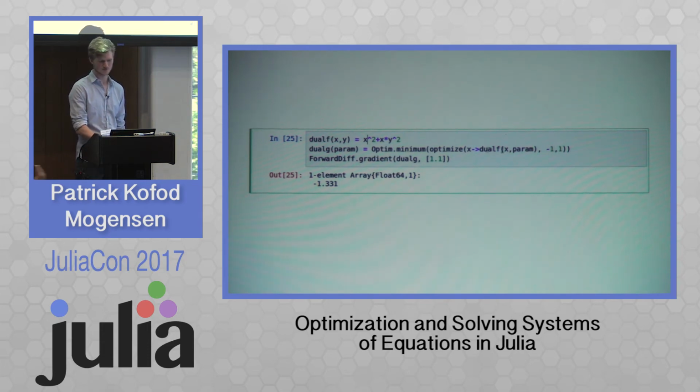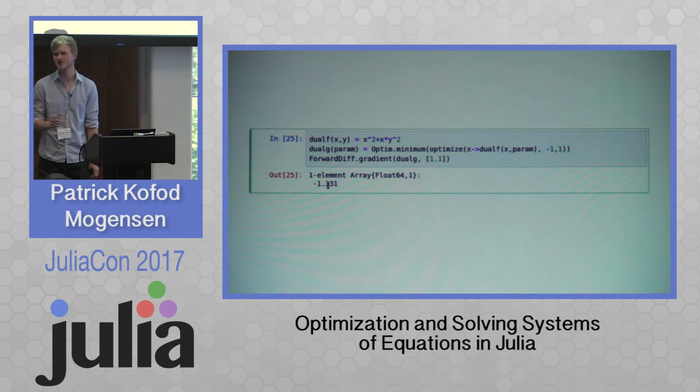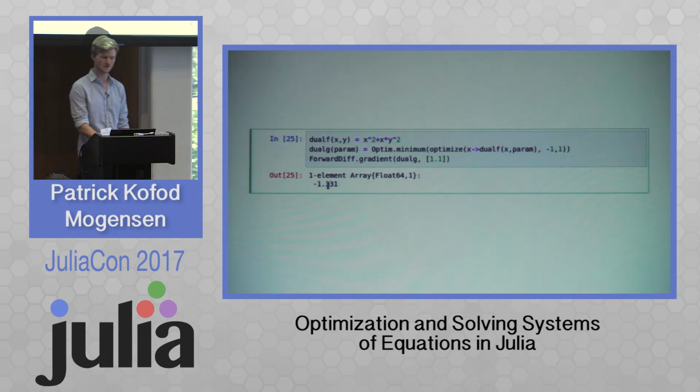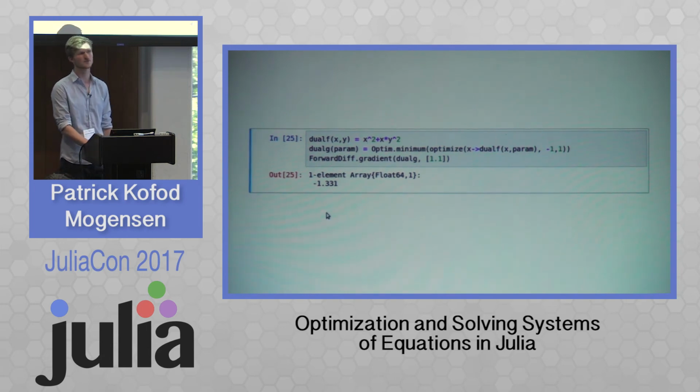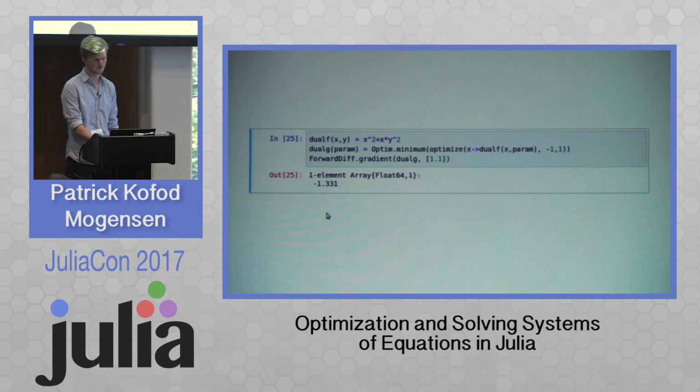And then we have some bounds. And then we use ForwardDiff to evaluate the gradient of that at the point 1,1, and we get the same result as before. So it's a bit of a trivial example here because we could just do it by hand. But what we haven't done yet, but it should be possible as well, is to do this for multivariate problems, and then I think some people will be able to use this for these sort of nested problems.